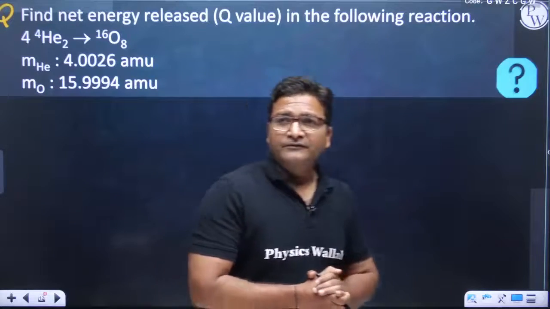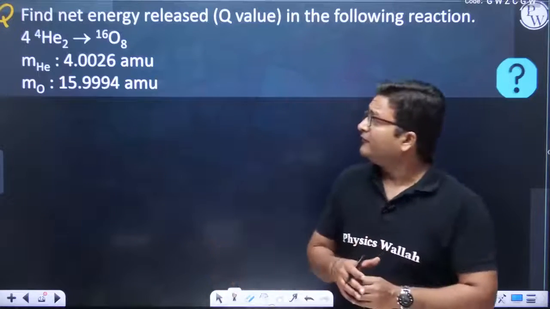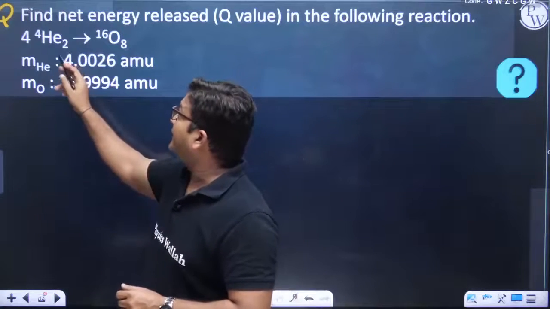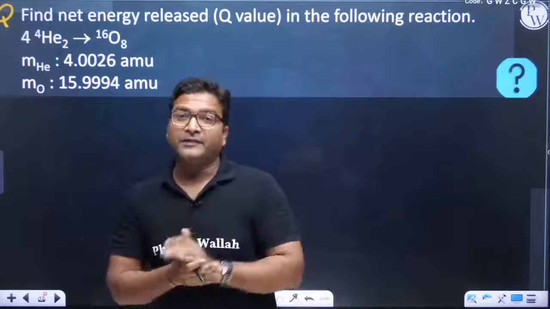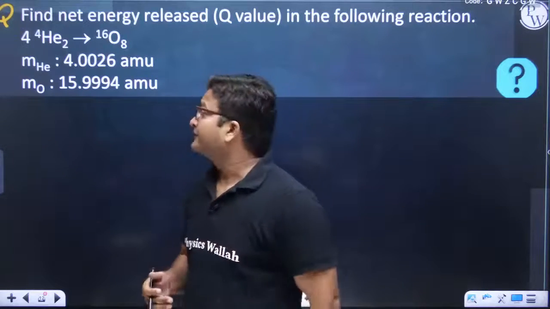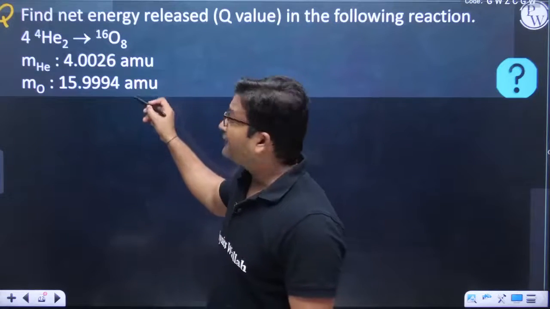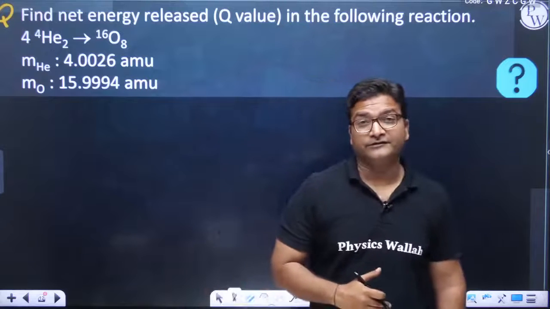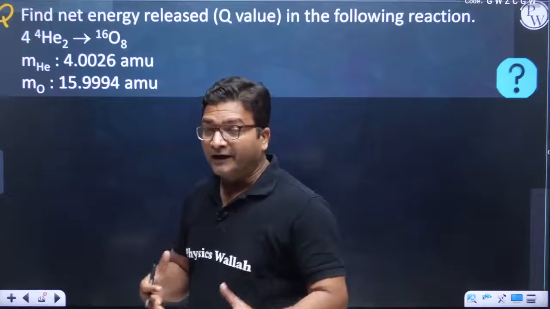Here we have a reaction where four helium particles are combining to give an oxygen particle, right? And they are asking us what is the net energy released. If you see clearly here, masses are given. If masses are given, we have to use the formula for masses for finding Q value.